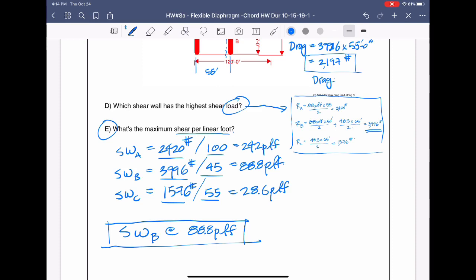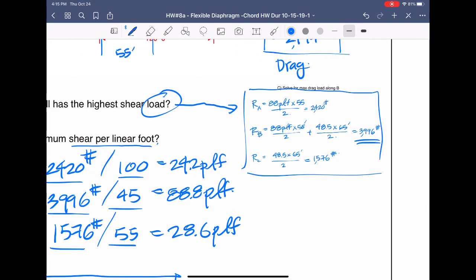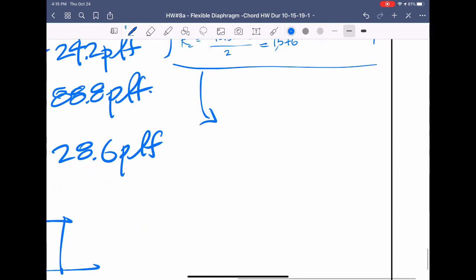Now, one of the things that we could do is check to see if we've calculated everything correctly. It's kind of late to do it at the very end. But say, for example, right here, we want to check. Now, remember this. We have a shear wall like this, right?